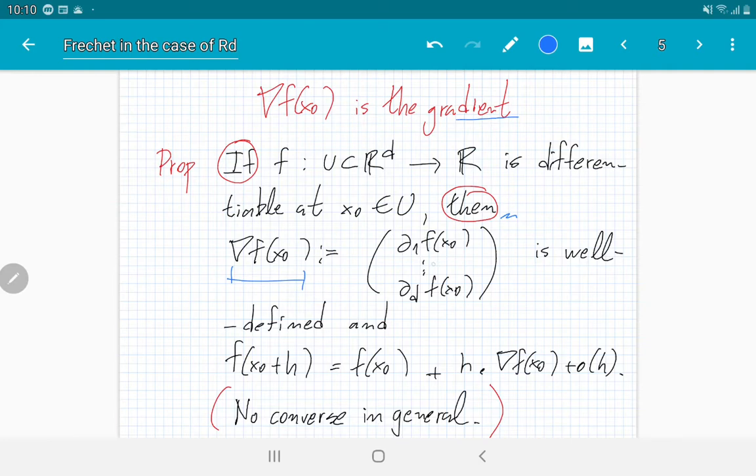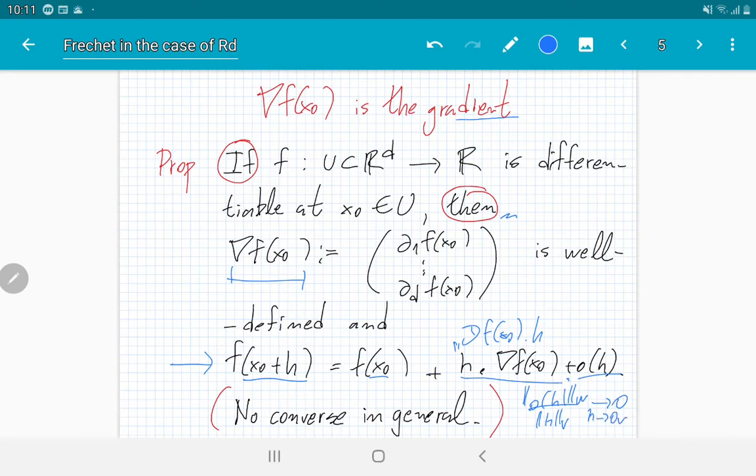So all the partial derivatives at x naught exist. And moreover, we have this expression that's just the definition of the Fréchet derivative. Because this is equal to df x naught applied to h, we have f of x naught plus h is equal to f of x naught plus the inner product of h with the gradient, plus a remainder term, which I recall goes to 0 when divided by the norm of h, as h goes to 0.